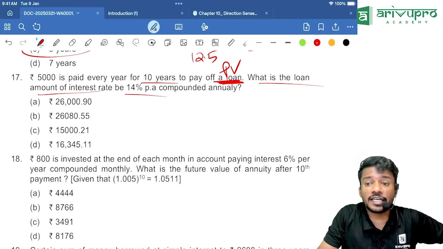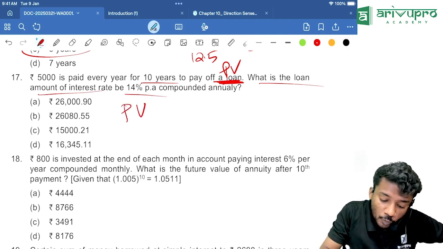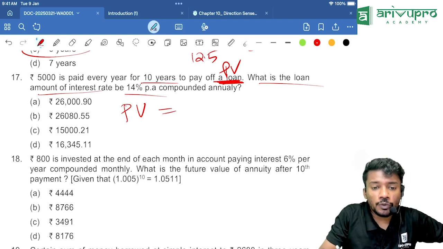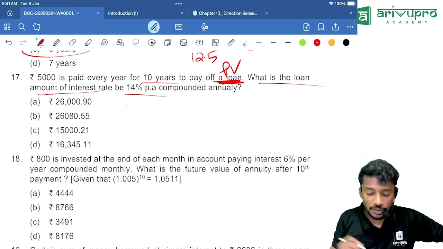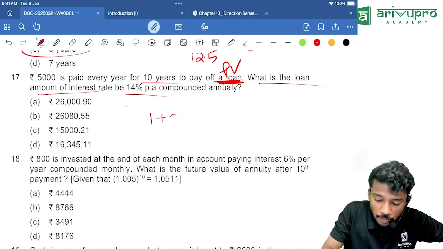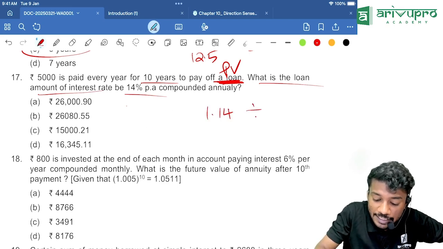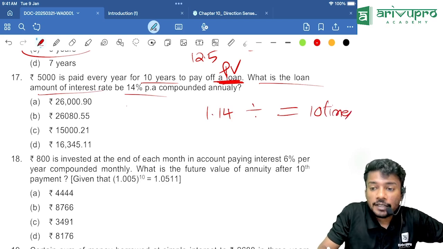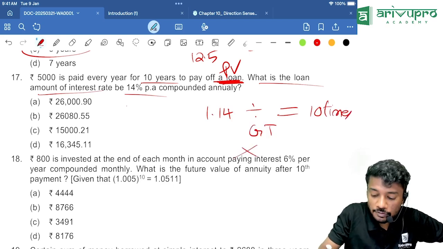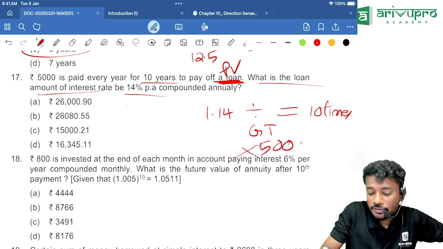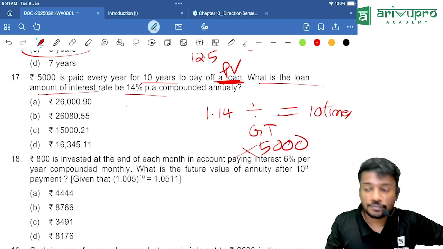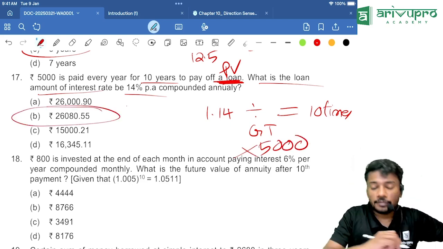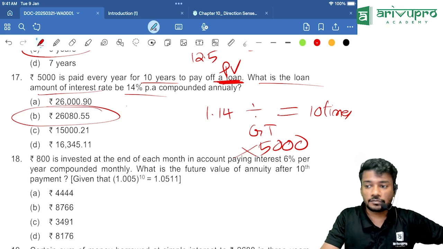Our method is 1 plus 0.14, that is 1.14, divide equal to 10 times, equal, then GT button, multiply it with 5,000. What is the answer you got? Option B. Yes.